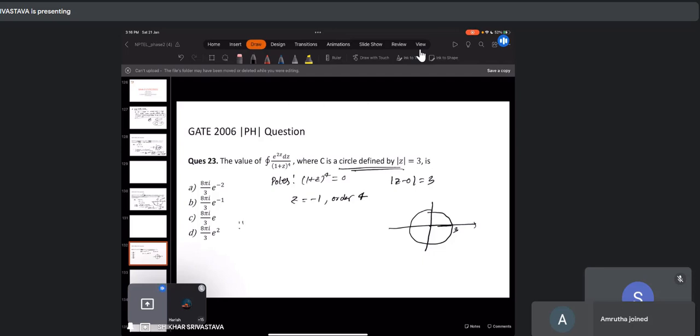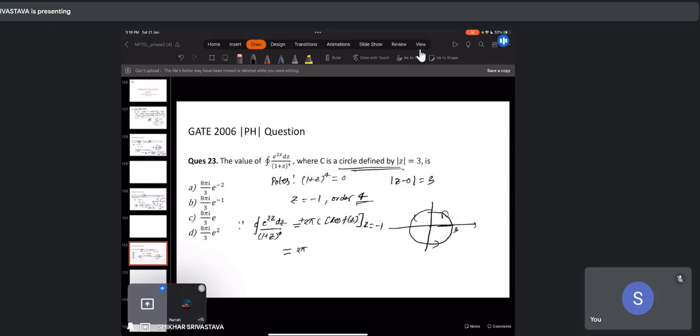So by using Cauchy residue theorem, your answer will be 2 pi I. In the question, they have not mentioned the direction of the contour, so you'll take it counterclockwise direction. So plus 2 pi I times the residue of f(z) at z is equal to -1. Now, in the last class, I told you how to find residues of a function when a pole is of order n, which here the order of the pole is 4.